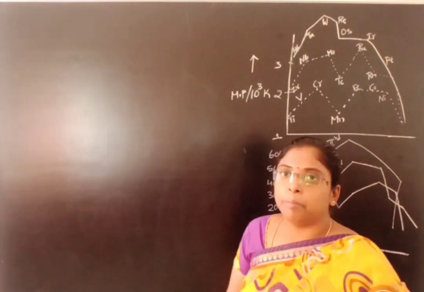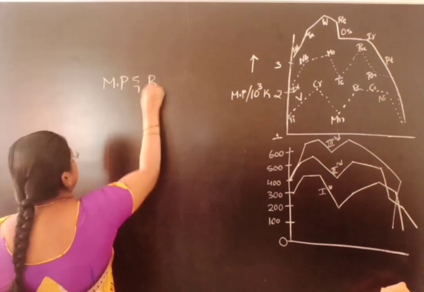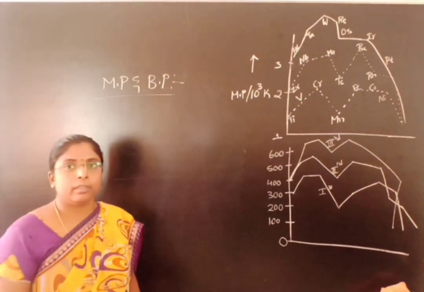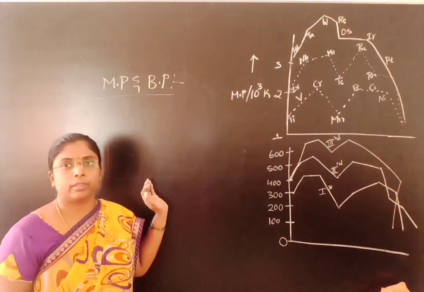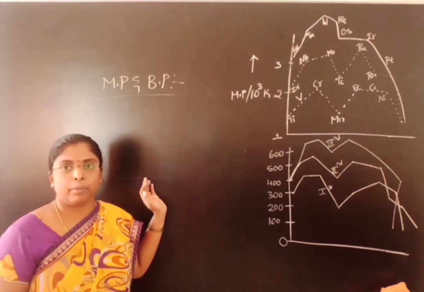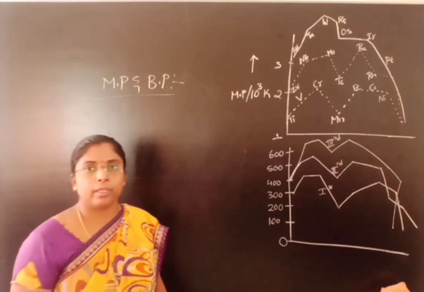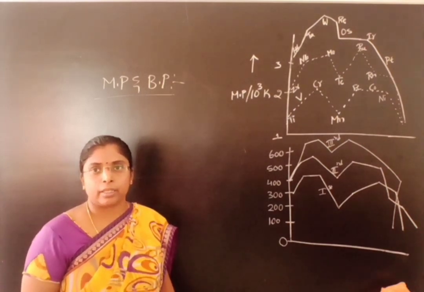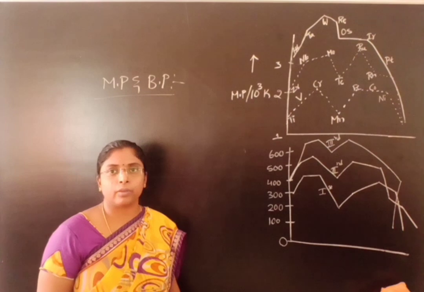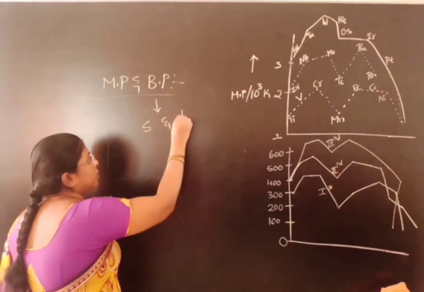Next comes the melting point as well as the boiling point. The melting point and boiling point of the third transition series are greater compared with the s as well as p block elements. This melting point and boiling point are mainly based upon their metallic interaction. The d block elements contain unpaired electrons from both orbitals, that is, from s orbital as well as d orbitals.